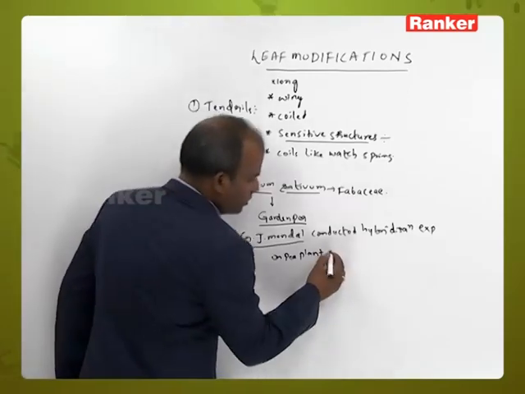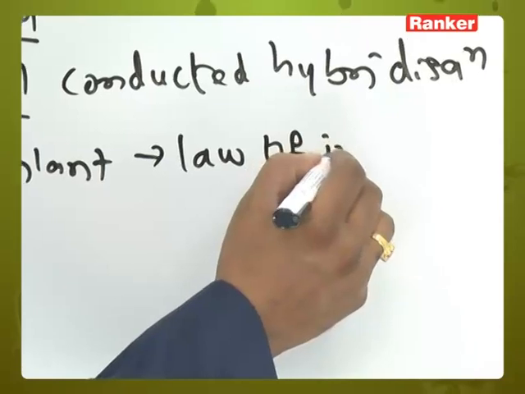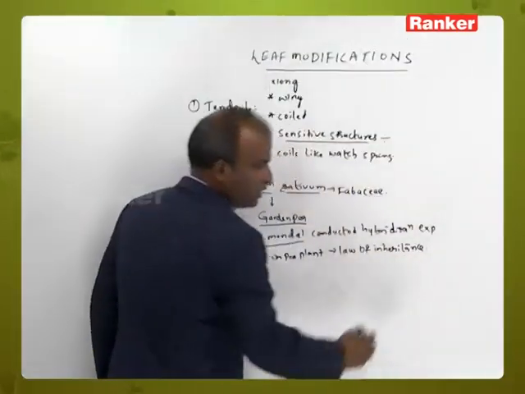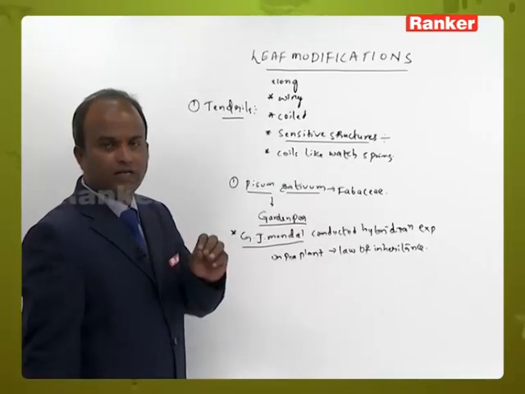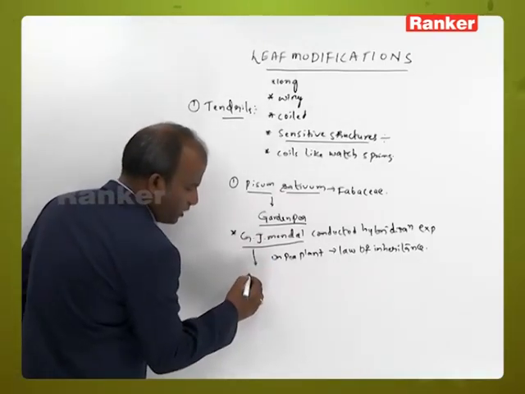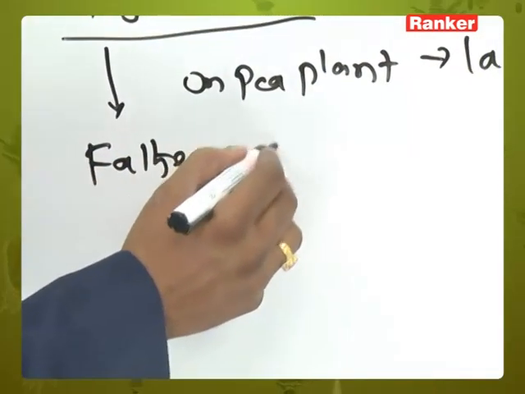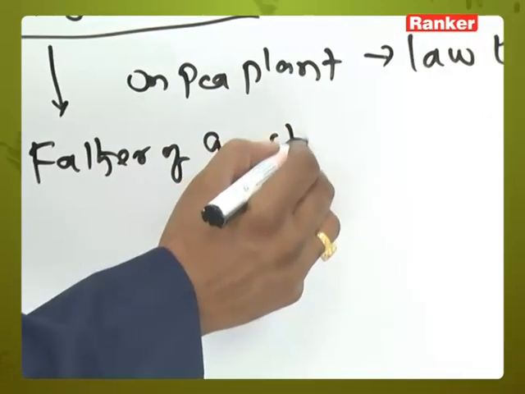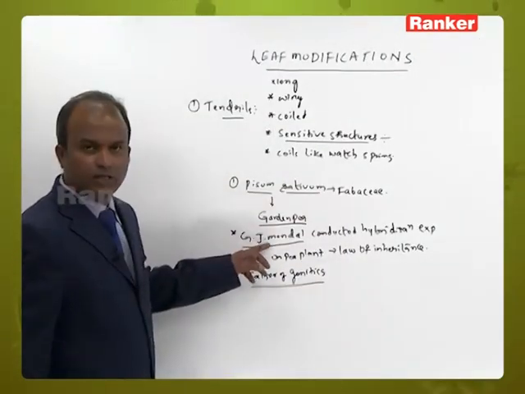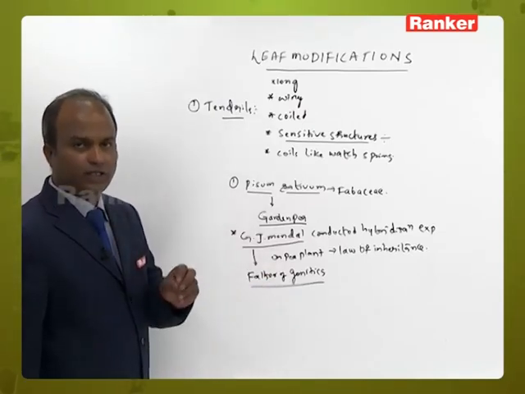He proposed the law of inheritance based on those characteristic features. Based upon this experiment, Gregor John Mendel was called the father of genetics.